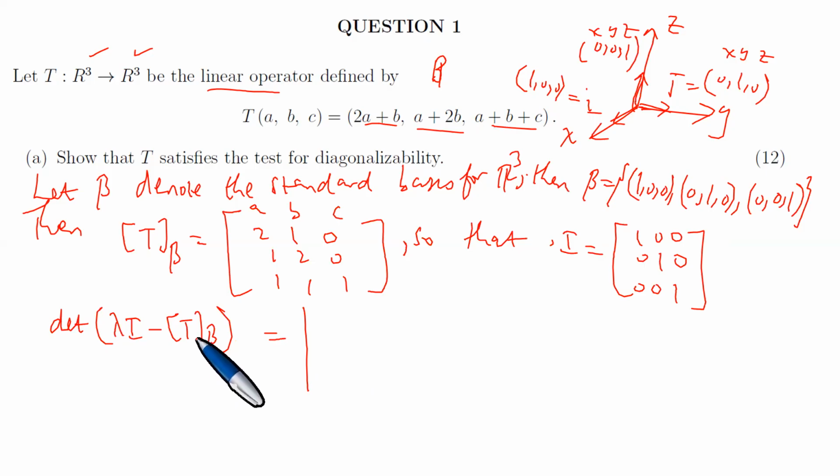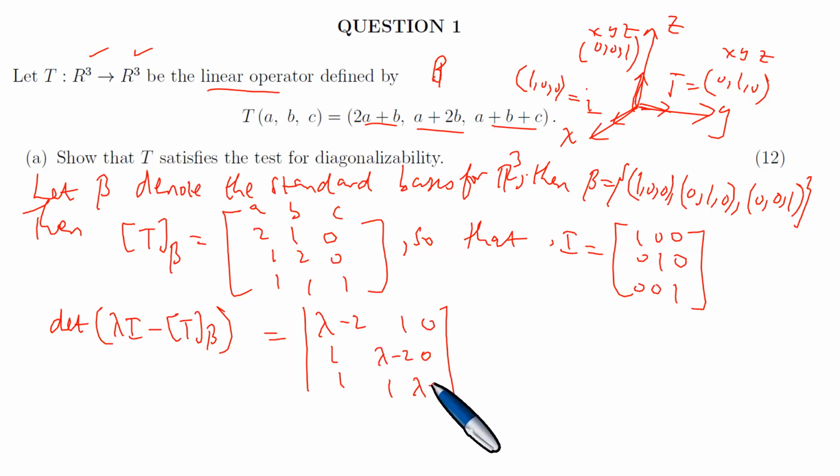So what is lambda I minus this matrix? It's lambda minus 2, then 1, then lambda minus 2, and then lambda minus 1. And then we find the determinant of this.